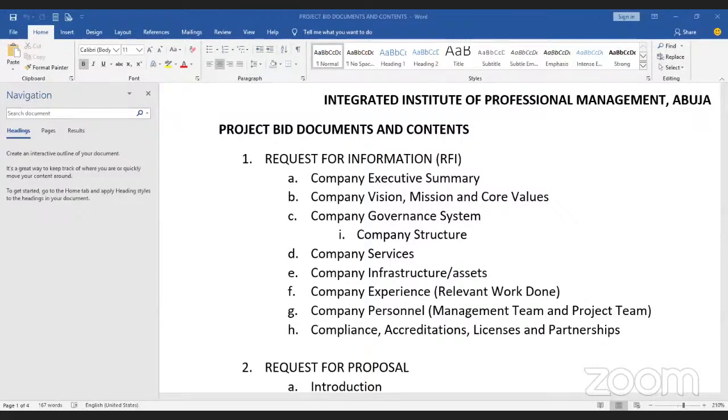A couple of us have been handling projects now. So what is a project bid or contract bid? Okay, Lamin, please go ahead.